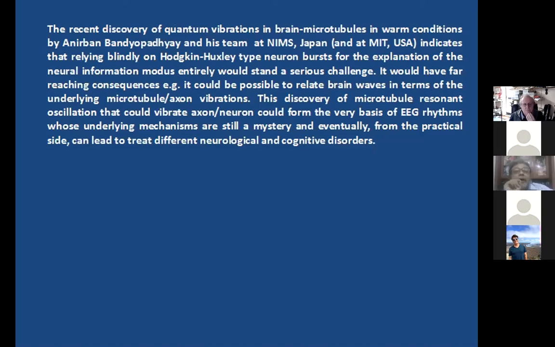For example, it could be possible to relate brainwaves to the underlying axon vibration. This discovery of microtubule resonant oscillation that could vibrate the axon neuron could form the very basis of EEG rhythms, whose underlying mechanism is still a mystery, and eventually on the practical side can lead to insights into neurobiological and cognitive disorders. So that could be very, very important.